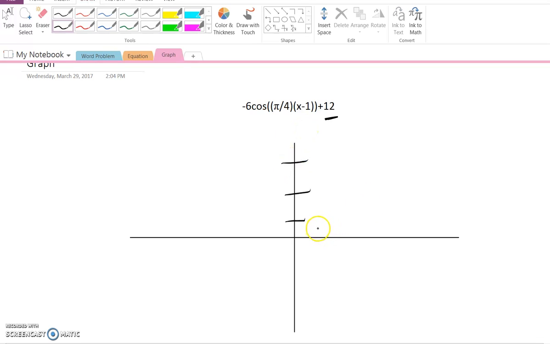And then for the x-axis, since we're talking about seconds, it would probably be better if we go by ones: 1, 2, 3, 4, 5, 6, 7, 8, and 9, since at 9 the whole cycle is complete.